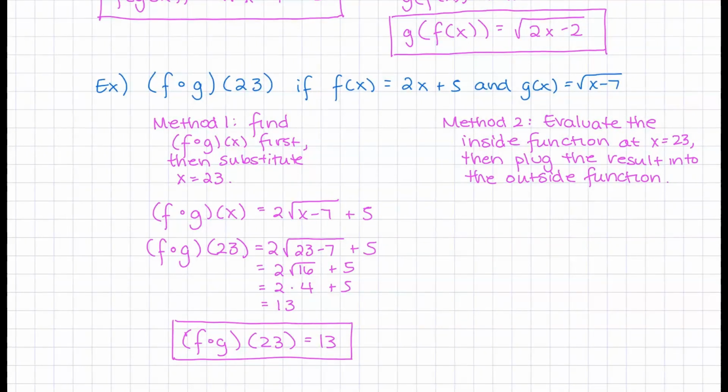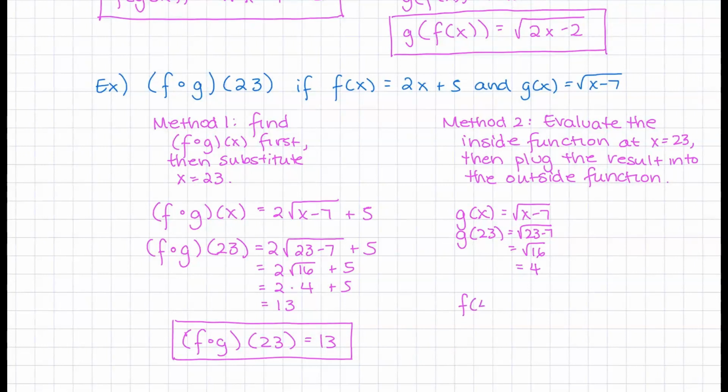So the inside function we said was g of x, and g of x is the square root of x minus 7. So we're going to replace the x with 23. And we get square root of 16, so we get 4. And then we take that output value and we put it into f.